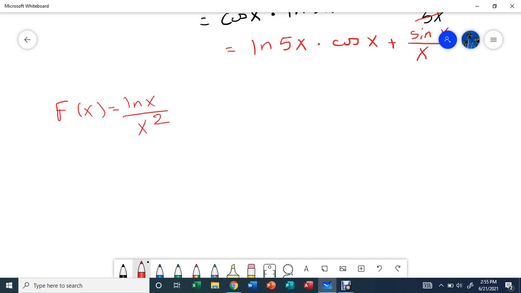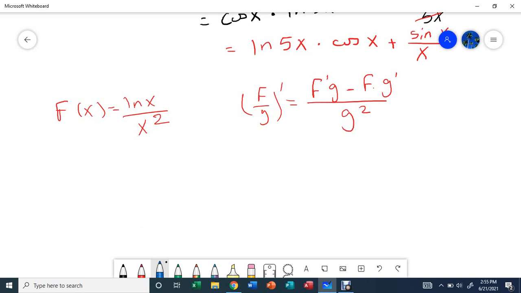And just a quick reminder for the quotient rule: if you have f over g and you want to find the derivative of it, it's f prime times g minus f times g prime, over g squared. So this is the quotient rule, and we will apply it here.